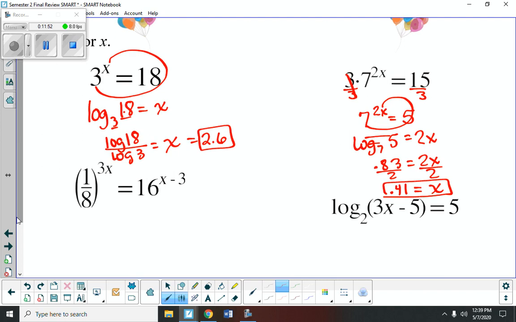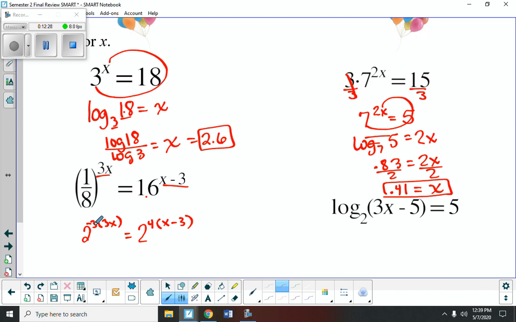All right, the next one, notice we have variables on both sides. And if we look here, we have 8 and 16, which have common bases of 2. So 2 cubed is equal to 8, but this is 1 over 8, so that would be 2 to the negative 3. And then you also have 3x up there. Now 16 is 2 to the 4th, and so then you have x minus 3 still up there.